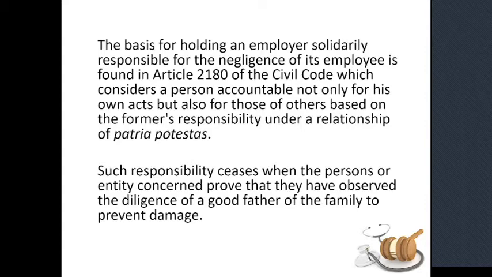This is a Latin term which says the power, the responsibility of the father, because the father has power and therefore that power gives you responsibility over your children. So such responsibility ceases when the persons or entity concerned prove that they have observed the diligence of a good father of the family to prevent damage.